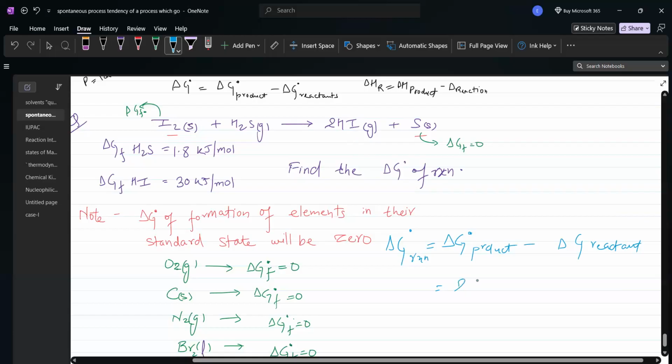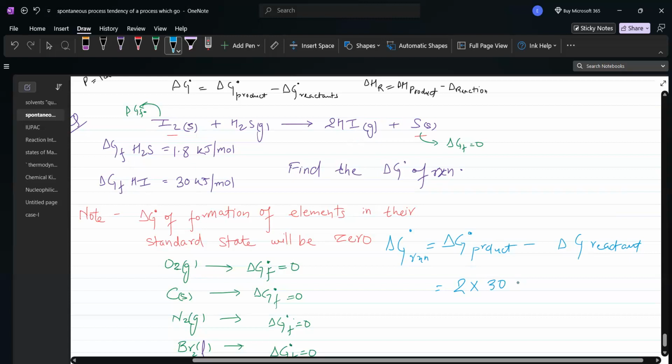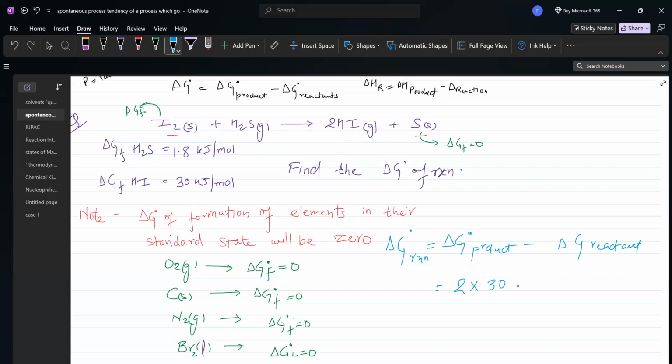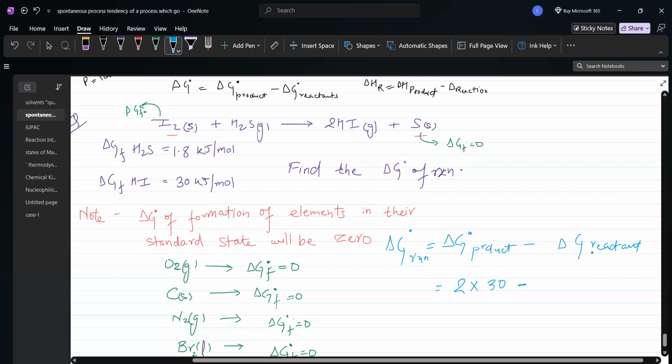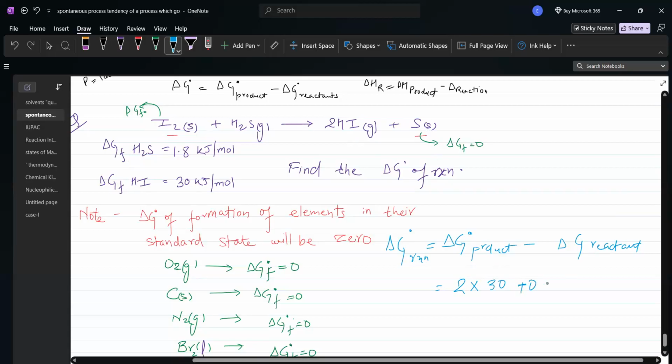So 2 times delta G of formation of HI. HI is given as 30 kilojoule per mole. We are leaving the kilo as it is, and minus delta G of the other thing, which is 0, so we are not going to count it. Let's write it down for writing's sake only.